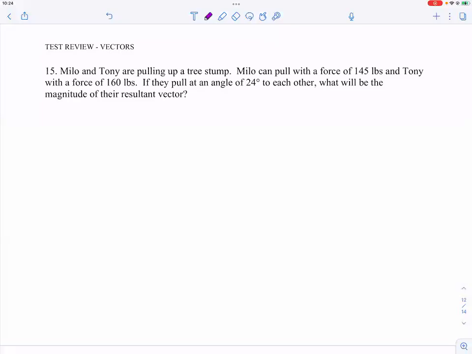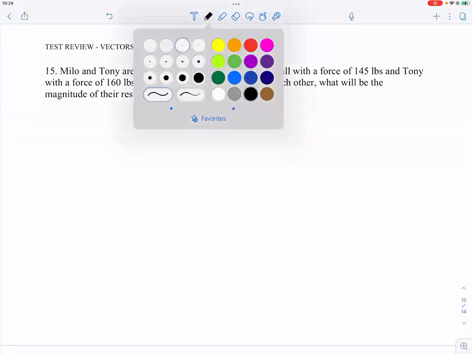Hold on. All right, so for number 15, we have two people, Milo and Tony, pulling up a tree stump. I felt like I've done this question before.